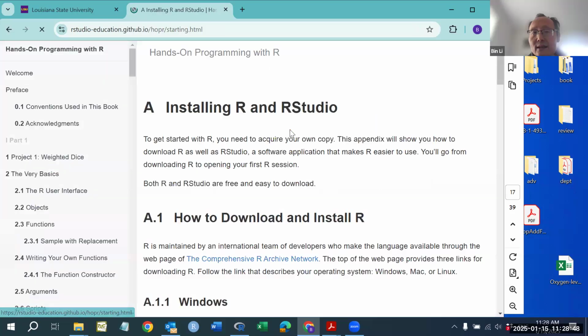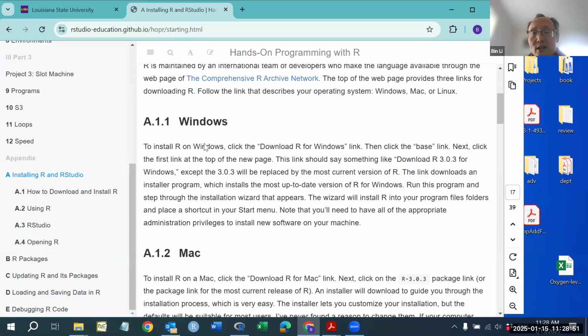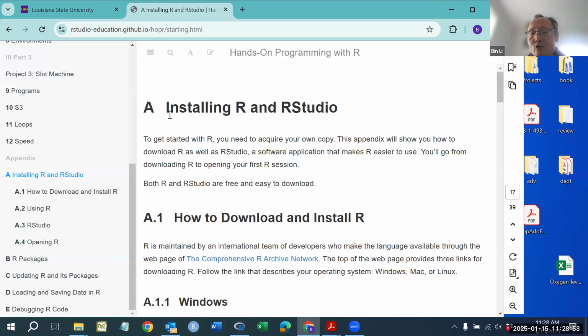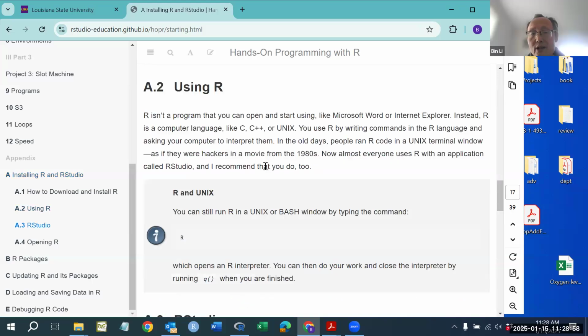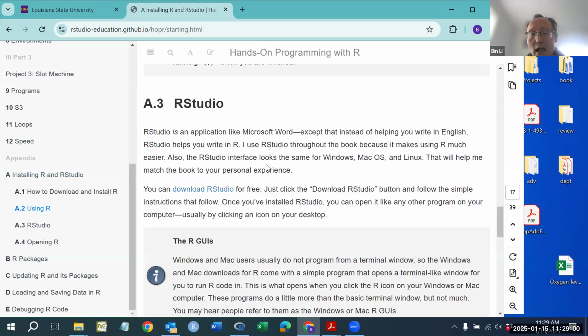If you click the link, it will give you the website that explains how to install R and RStudio. What is RStudio? RStudio is a very convenient platform for using R. It can help you edit your code and check your grammar in R. So I strongly recommend you use RStudio.